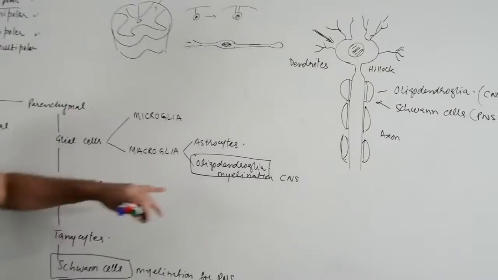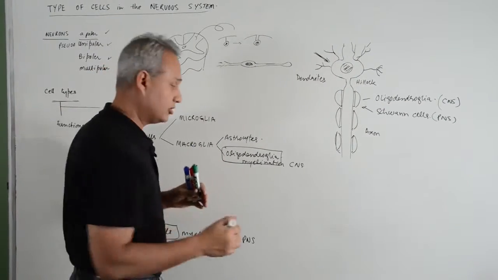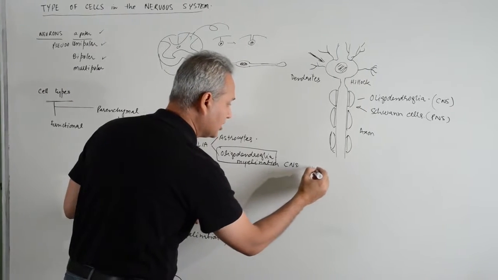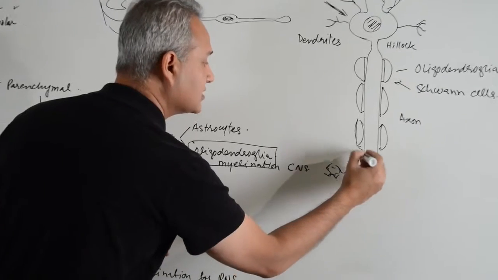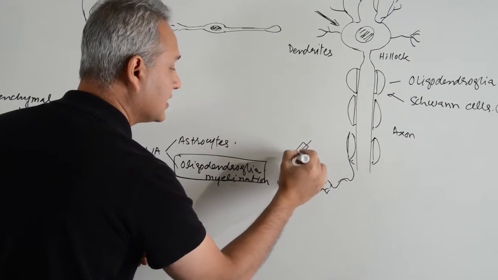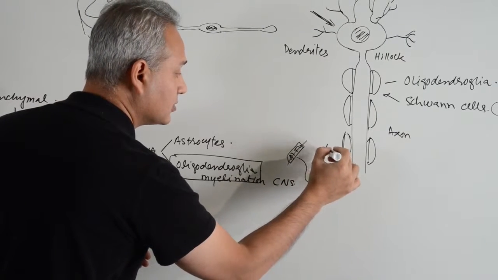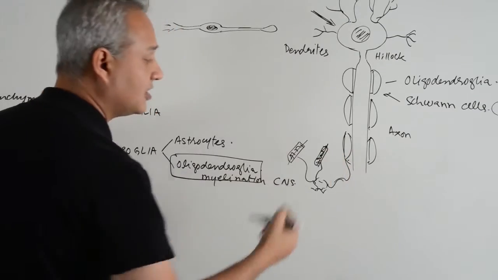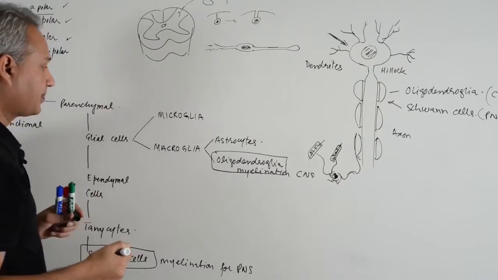Now one oligodendroglia can myelinate up to 30 neurons. So one cell sits in the middle. Let's say this is the cell. It has its branches going out, and these branches can myelinate up to 30 neurons. So this is one oligodendroglia.